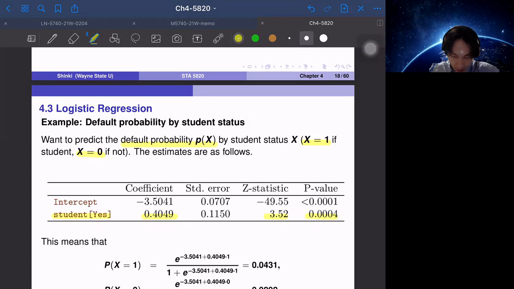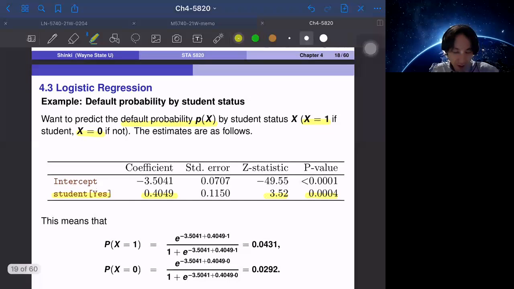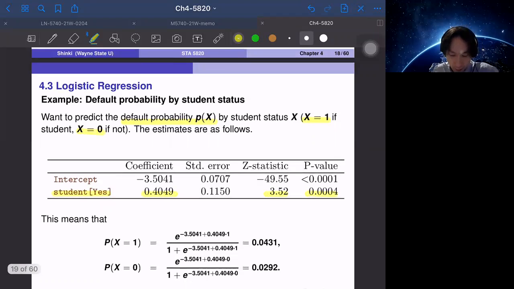But if we don't have any other variables, then students have higher default probability. Maybe if we don't account for income, then of course students study, so the income is lower, and that may affect the default probability.